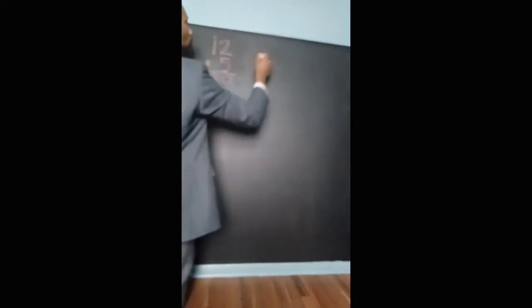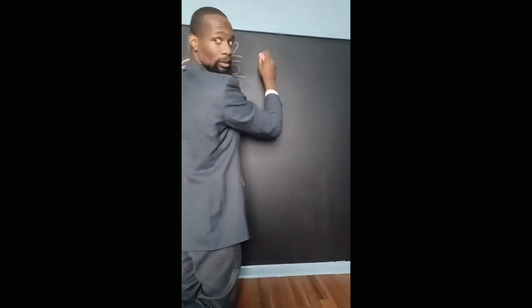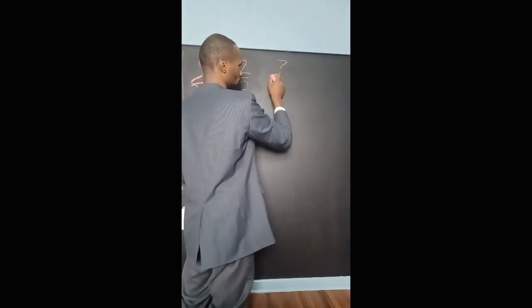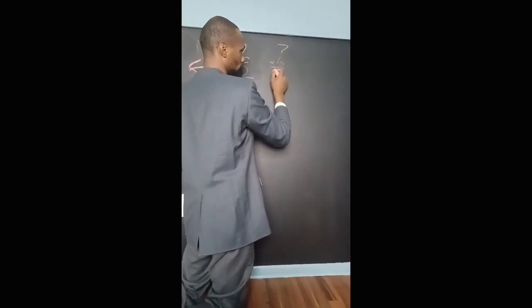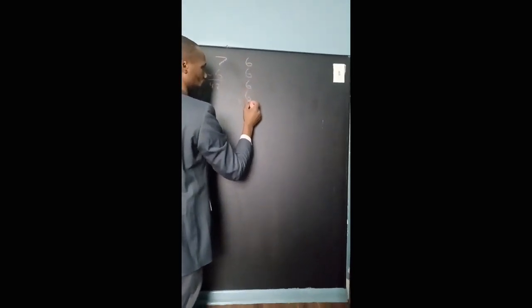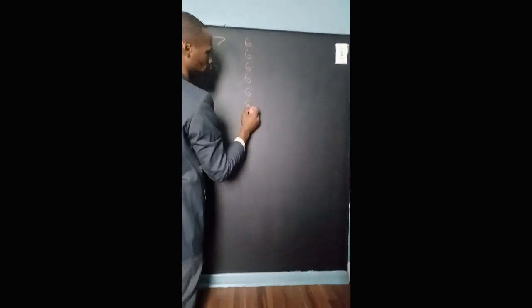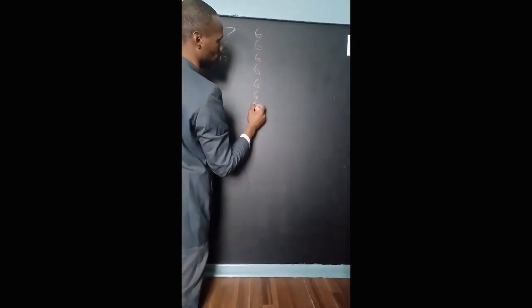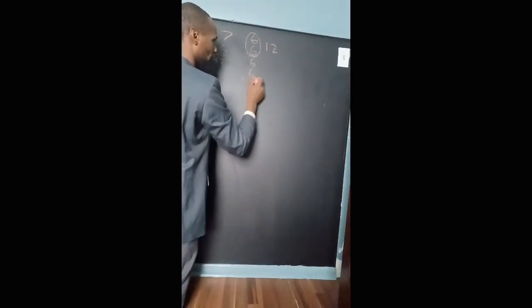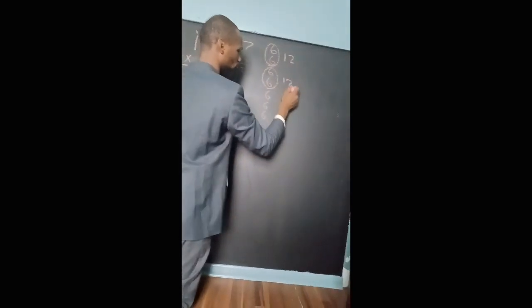Why? Because we can do it multiple ways. 7 times 6 is 42. But we can go 6 plus 6 plus 6 plus 6 plus 6 plus 6 plus 6. These are 12. These are 12.